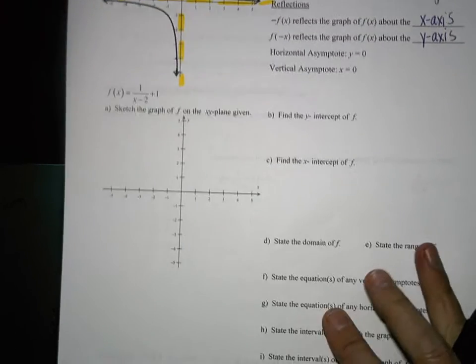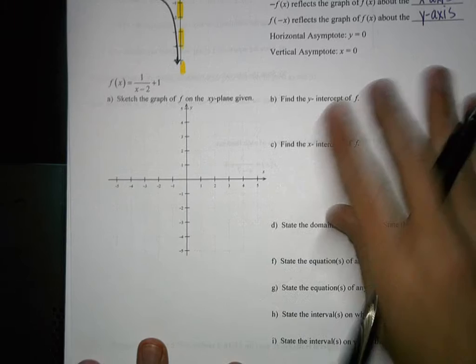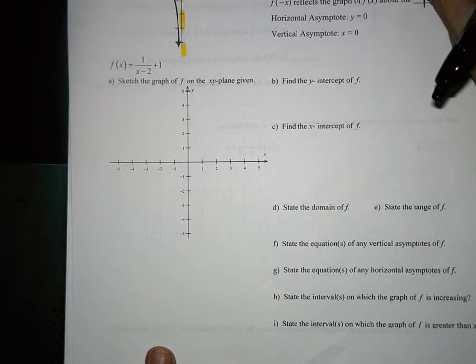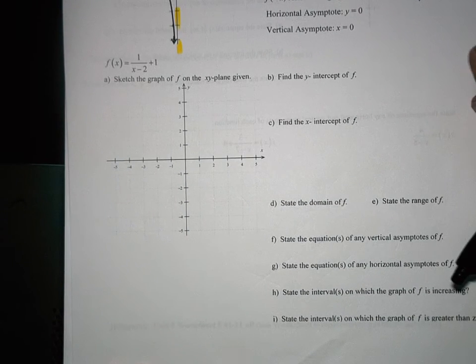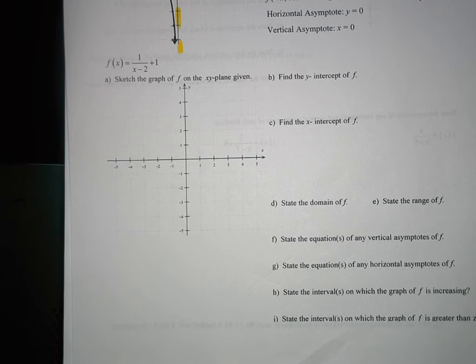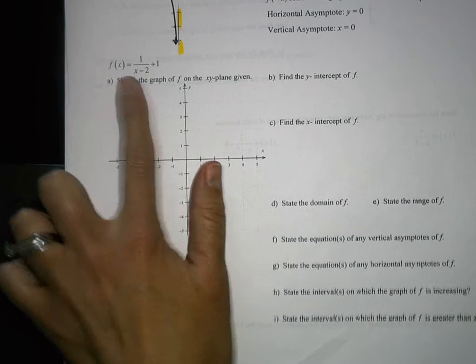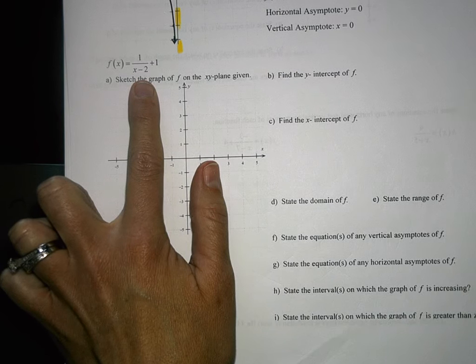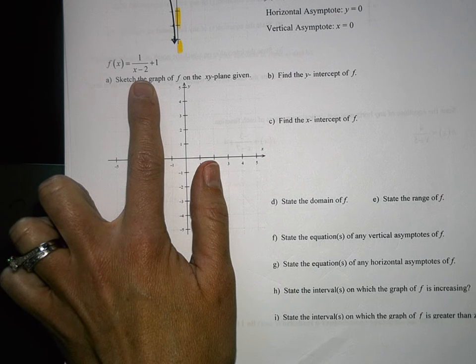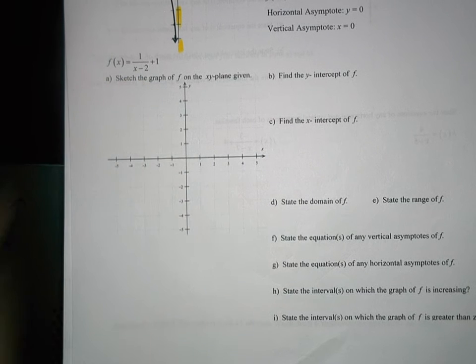So, we need to sketch the graph and then find all this information. I like to always start with my asymptotes. So, where would be my vertical asymptote? Are we negative 2 or 2?